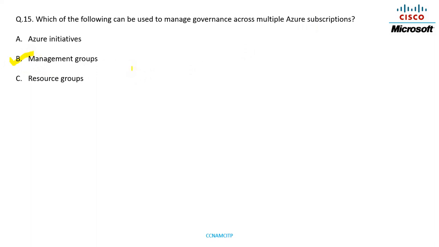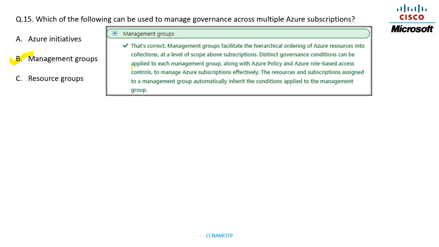You should answer B for this question, because management groups facilitate the hierarchical ordering of Azure resources into collections. Okay, so you should go through my videos also, which I have uploaded already, so you will understand in detail.